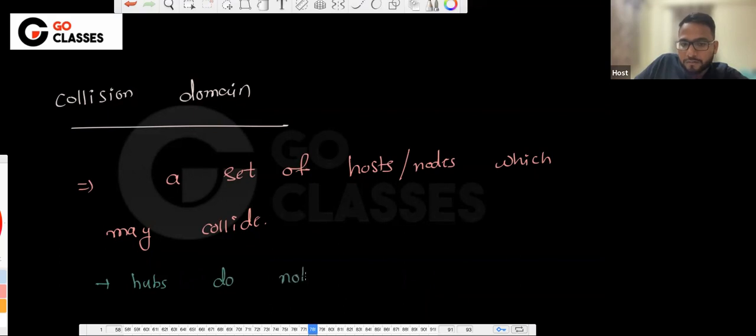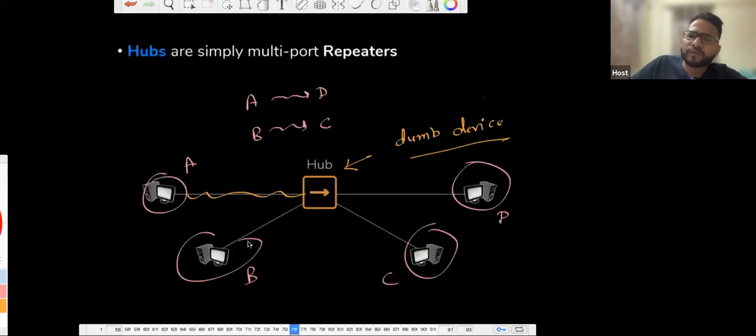Yes, they always do flooding. So hubs always do flooding, which means there is no intelligence here.